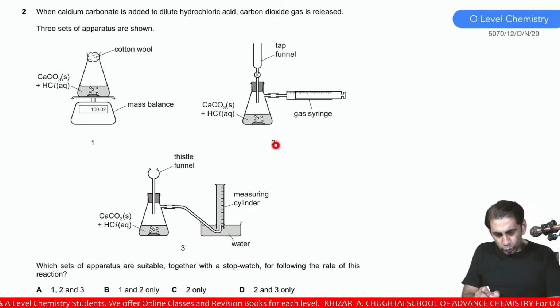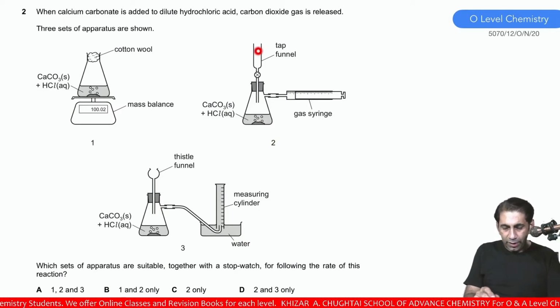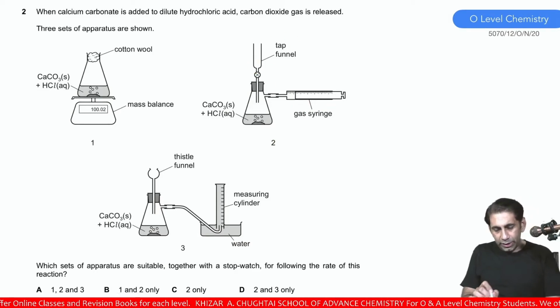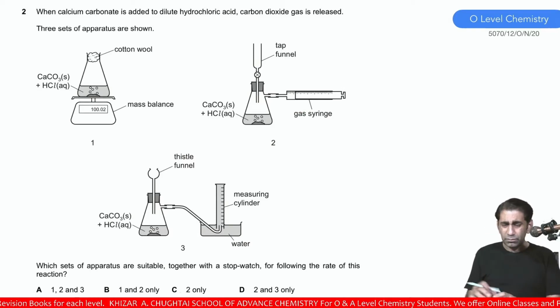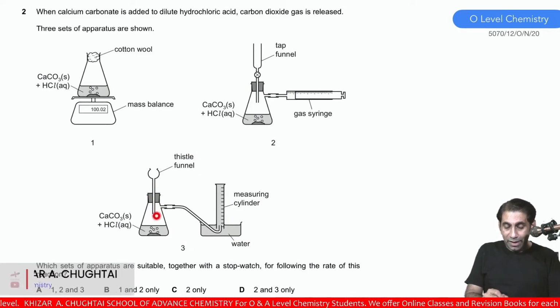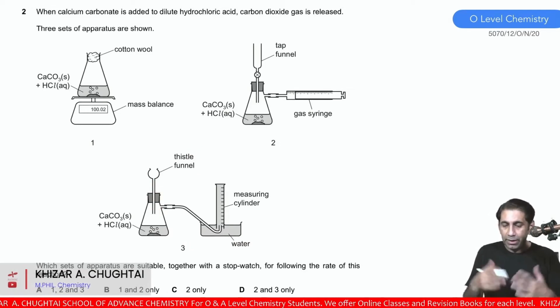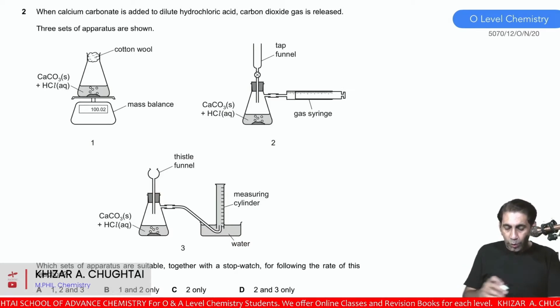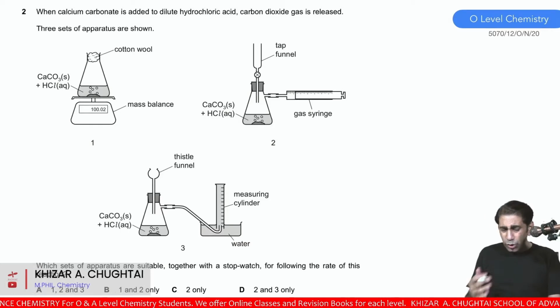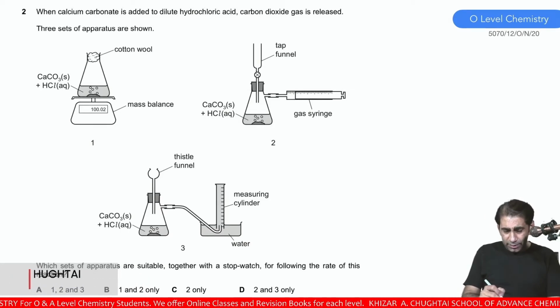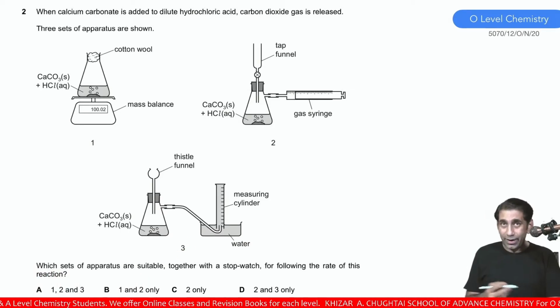Apparatus number 2 has a tap funnel with an inverted lock, and a gas syringe used to collect the volume of the carbon dioxide gas. Apparatus 3 has a thistle funnel, an open passage funnel, with a measuring cylinder dipped into a water trough. In the third one especially, you can see that there is a mistake.